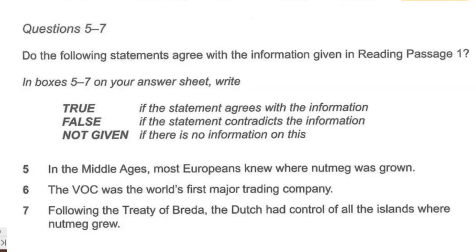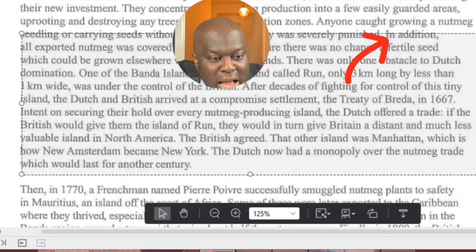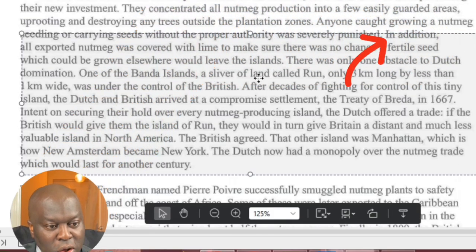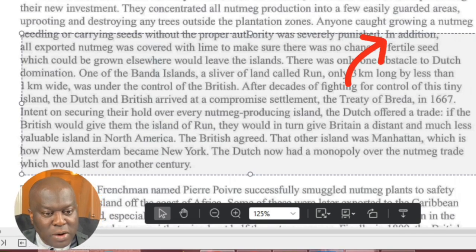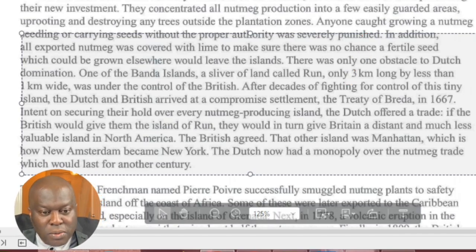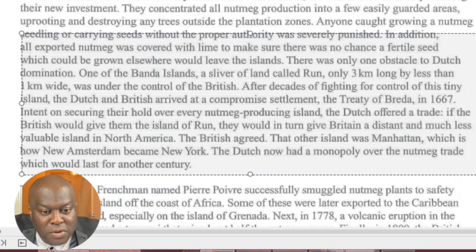I will start from in addition. The question said, following the Treaty of Breda, the Dutch had control of all the island where nutmeg grew. They say in addition, all exports of nutmeg were covered with lime to make sure that there was no chance of a fertile seed. Okay, let's go down to Treaty of Breda.